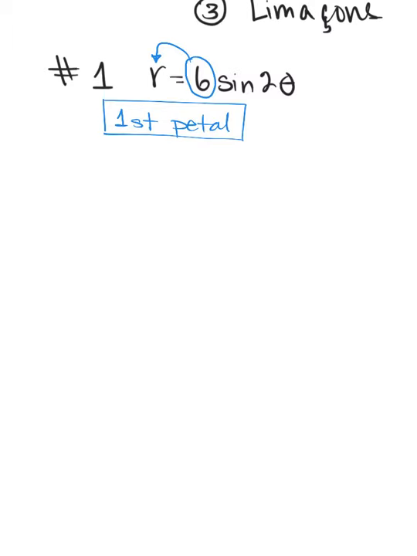That's when 6 sine 2 theta equals 6, the first time it reaches the tip of the first petal. Then I just solve that equation. So I would divide both sides by 6.